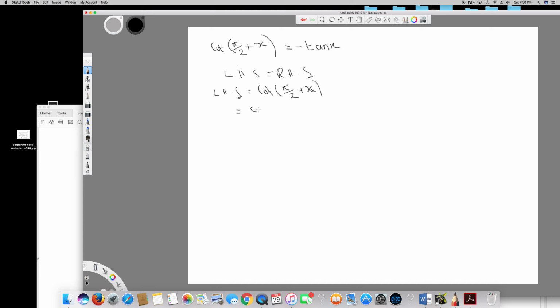So we can write this equation as cos(5π/2 + x) over sin(5π/2 + x). I am going to write this one individually to make you understand more clearly.